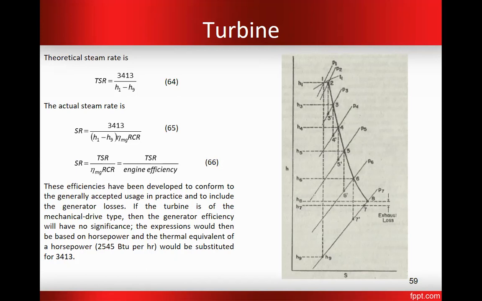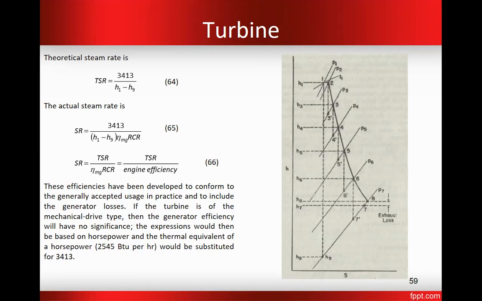Then the actual steam rate, SR, is equal to 3413 over H1 minus H9 times N sub m g over RCR, or SR is equal to TSR over N sub m g divided by RCR, is equal to TSR over the engine efficiency. So this efficiency has been developed to conform to the generally accepted usage in practice and to include the generator losses.